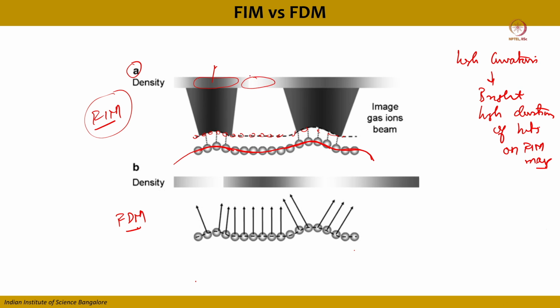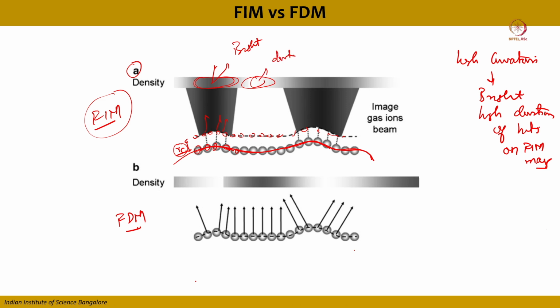So these regions appear very bright due to the high density of hits. Remember that these gas atoms are just in the ionization zone ahead of the tip surface. These get polarized, depending on the distance relative to xc, whether it is less than or more than xc, and depending upon the curvature there will be a high density of hits on the film image. So this region will appear bright, but this region will appear dark.